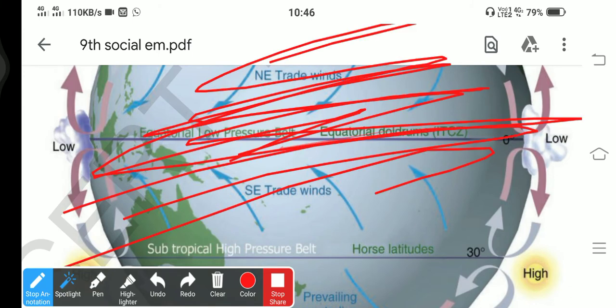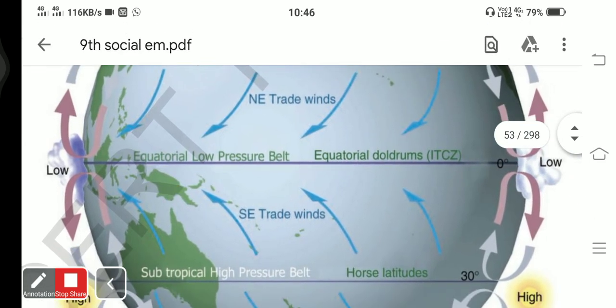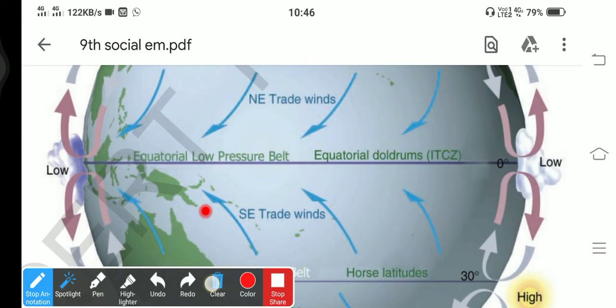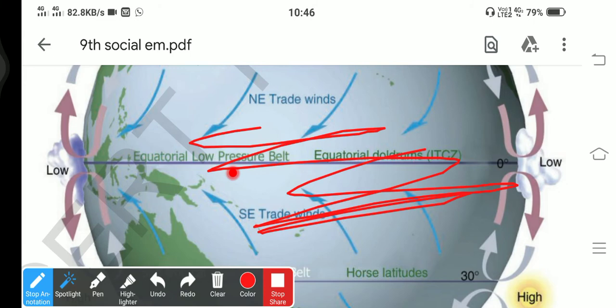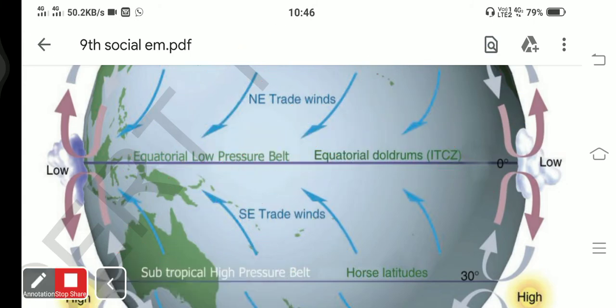Understand? So here we see the winds blow in the southeast direction first, then after crossing the equator they are converted to southwest. That is in the summer season.